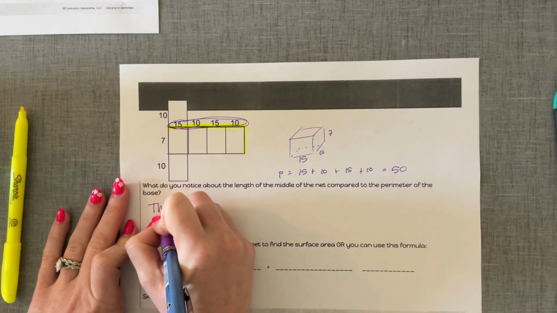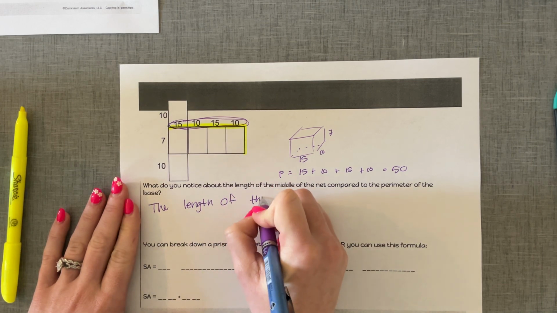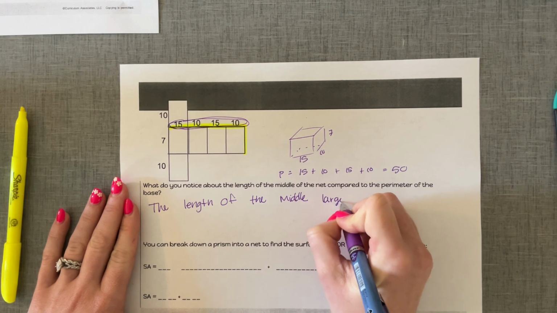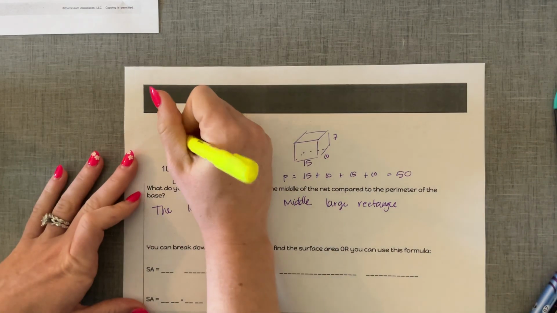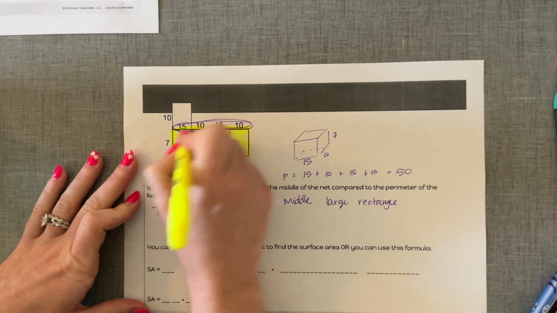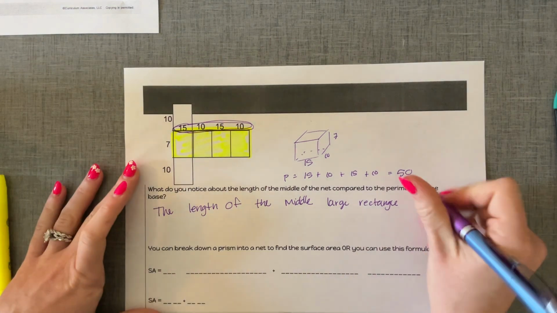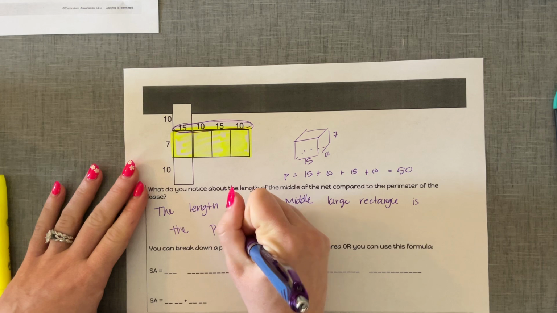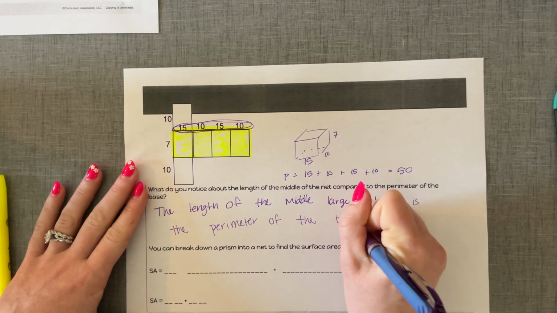So the length of the middle large rectangle, so I'm talking about this whole thing, that is the same, so it is the perimeter of the base.